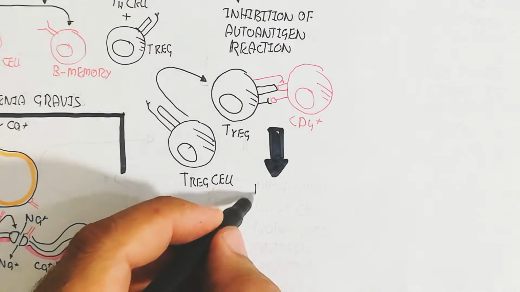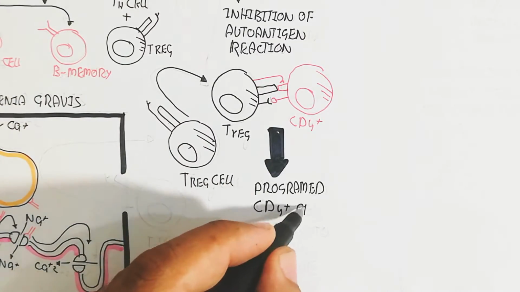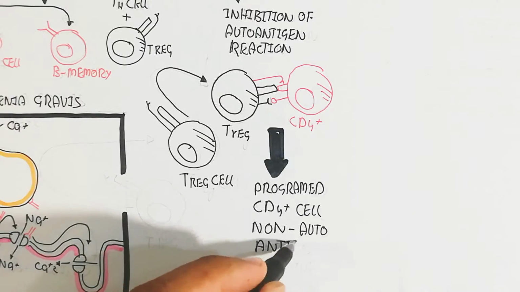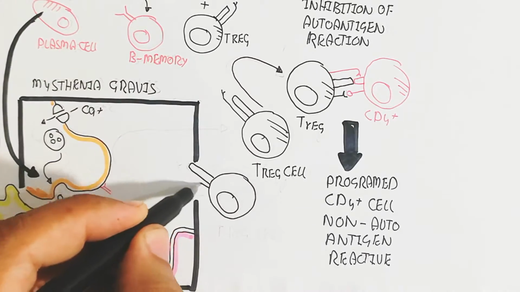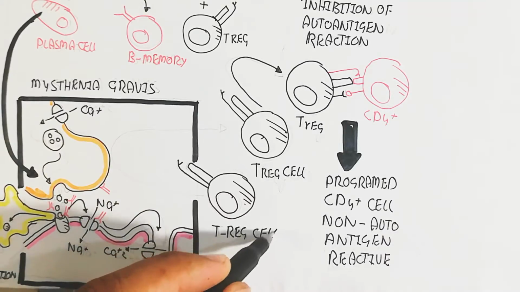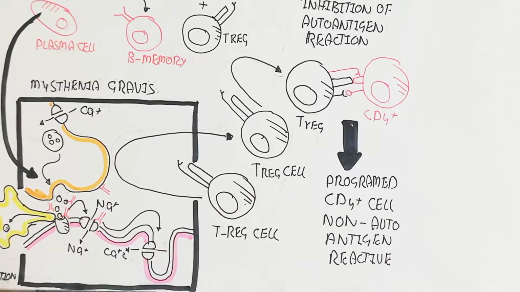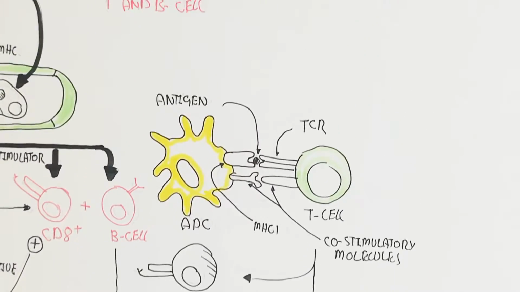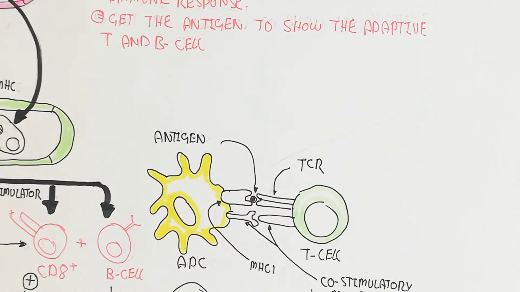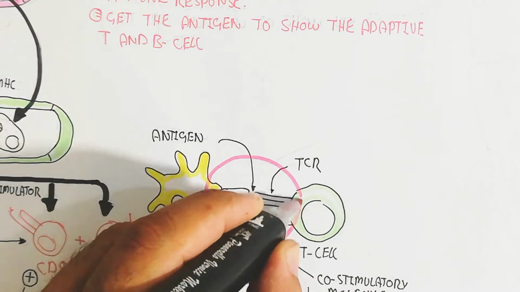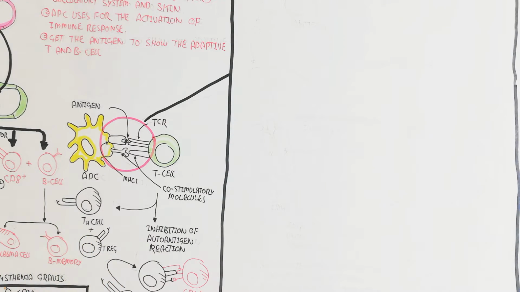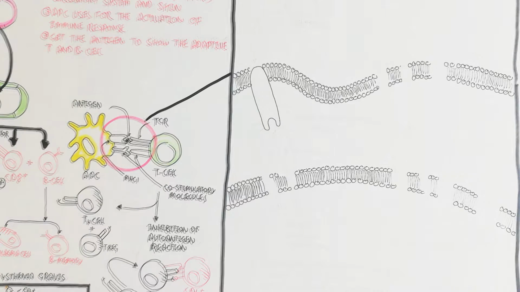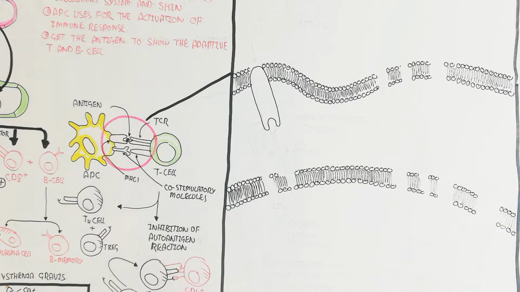In this way the CD4 will learn not to touch our own antigen, and the CD4 cell is programmed to be non-auto-antigen reactive. The T regulatory cell also checks the antigen such as the neurotransmitter, and tells the CD4 not to react to our own antigen, because our own antigen is not an antigen.